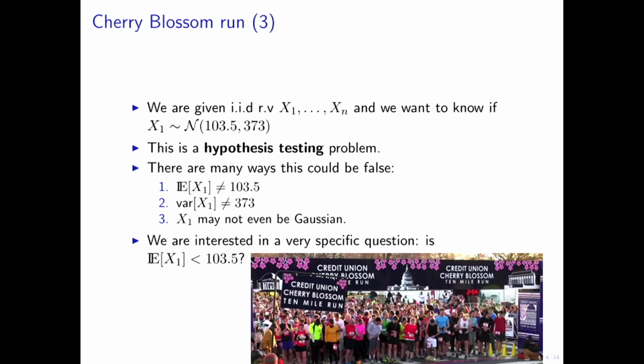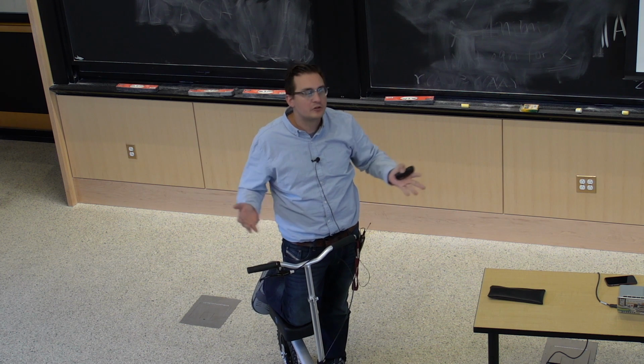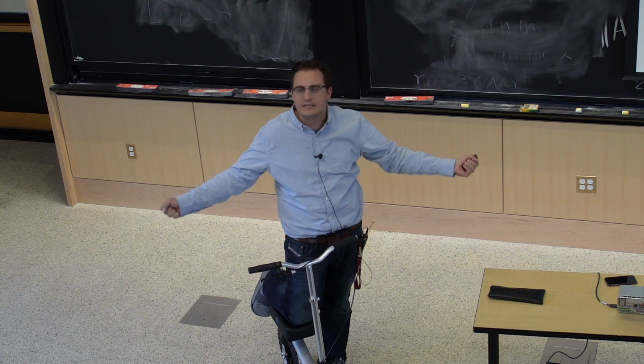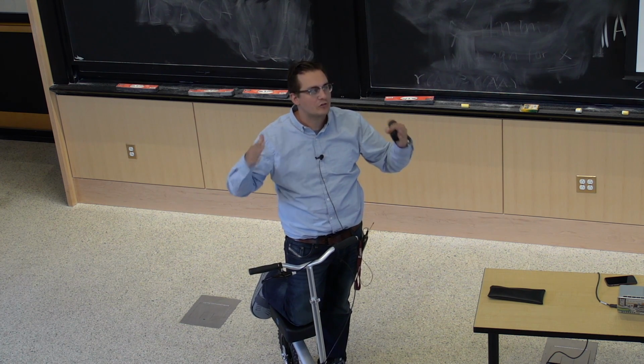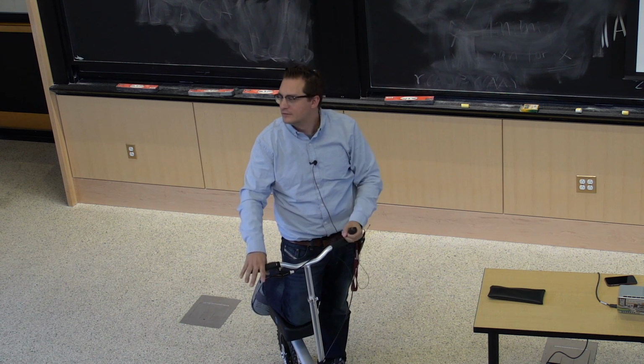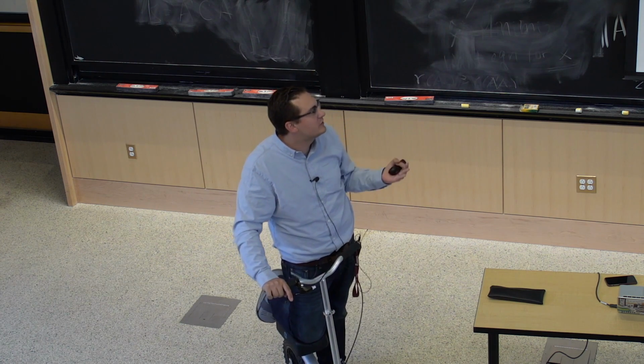There are basically three ways. It could be the case that the expectation of X1 is not equal to 103.5, so the expectation has changed, or the variance has changed, or the distribution has changed. I mean, who knows? Maybe runners are now all running holding their hands, and it's now a point mass at one given point. OK, so you never know what could have changed.